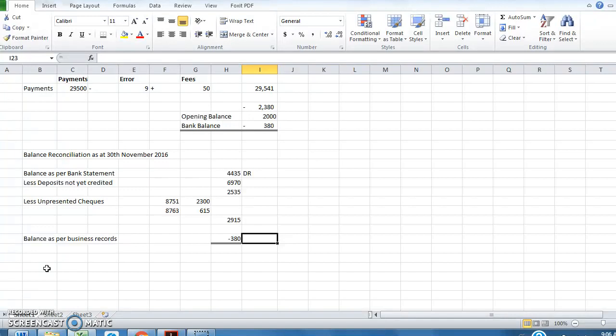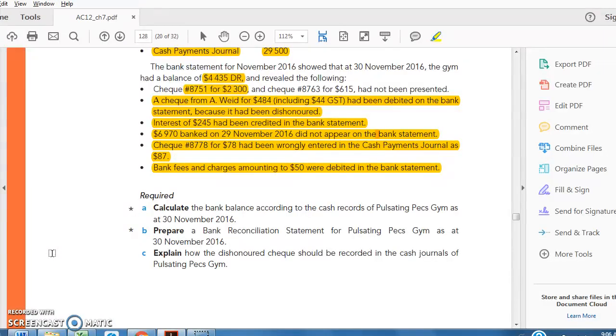If we don't offset that and include a negative receipt, ultimately the bank balance will be out of adjustment. So all you need to do there is explain what a dishonored check is, and then tie in how a negative receipt will actually be recorded in the cash journals.